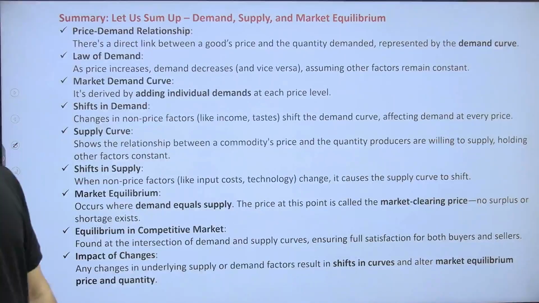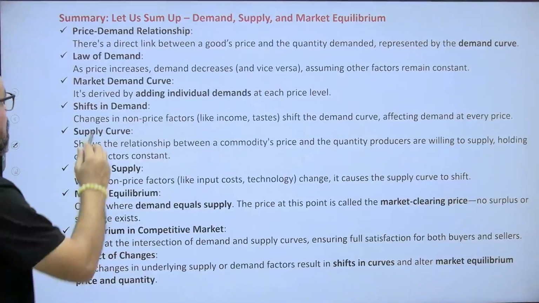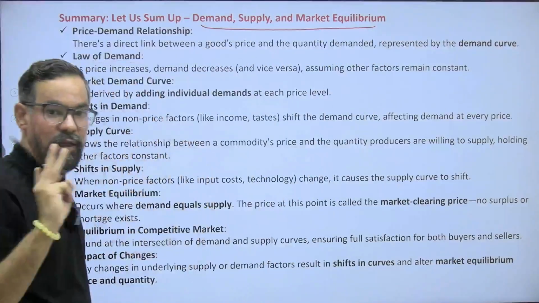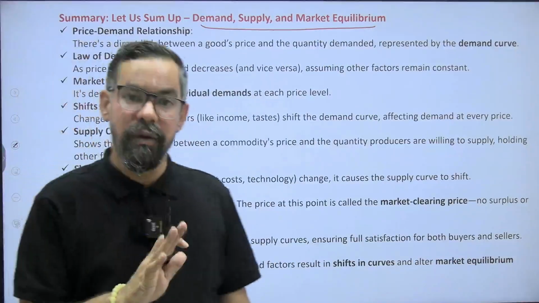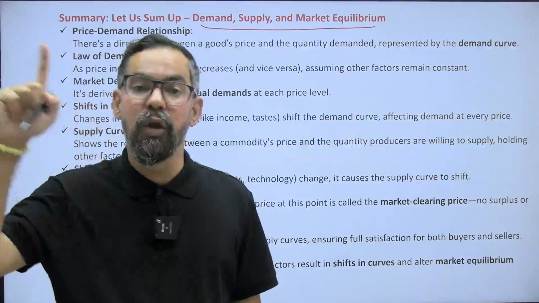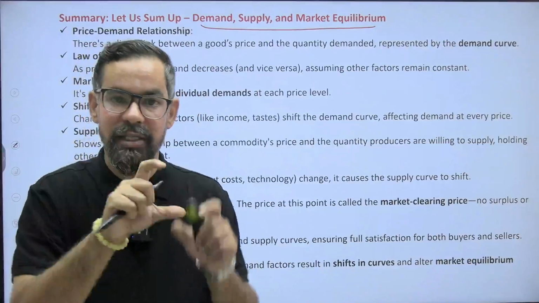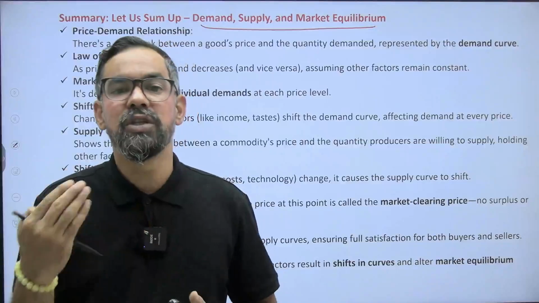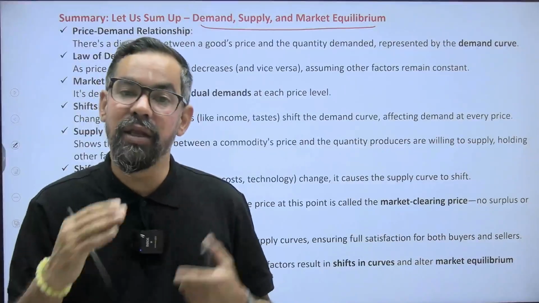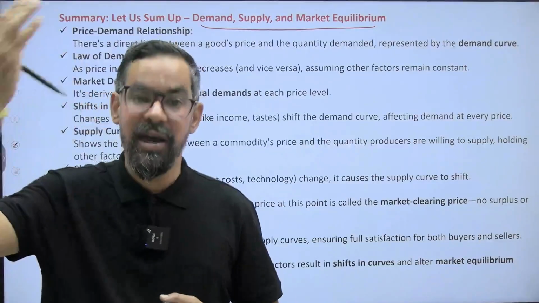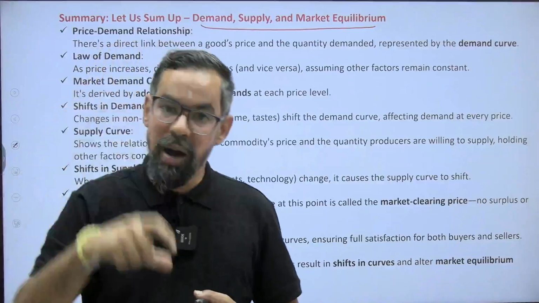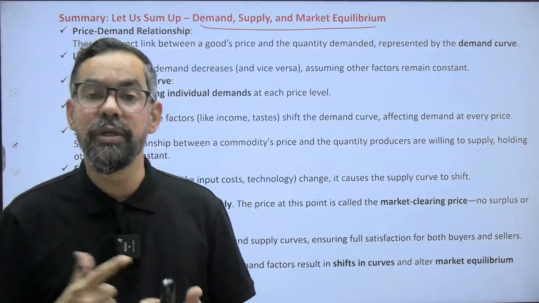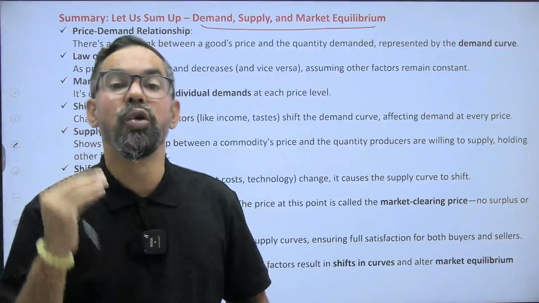So let's summarize this again. Demand, supply and market equilibrium: these are the three pointers. This unit is very, very important, especially for unit 15 also, because when we decide the interest rate we have the same thing. Supply of money is created by investors, who want to invest at a higher rate, and demand is made by borrowers, corporate or individual, who want to take loans at a lower rate.